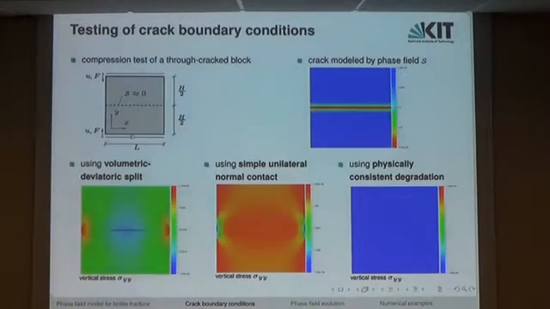To compare both approaches, we use the simple test of a through crack block subjected to compression normal to the crack direction. Not taking the crack orientation into account leads to significant problems in reproducing the homogeneous stress response. The simple unilateral normal contact model cannot accurately reproduce this homogeneous response.